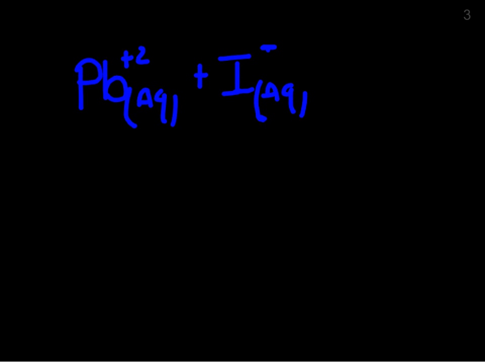The net ionic equation also has to be balanced, so I would need 2 of those. The product coming out of it was lead iodide.